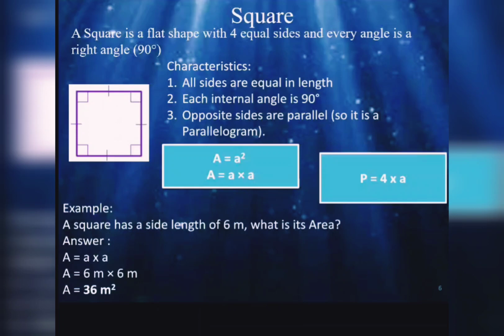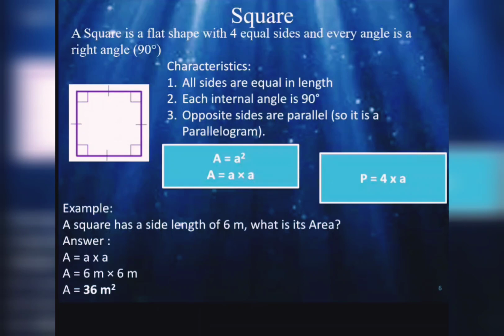And the formula of a square: the area is side squared, or side times side. The perimeter is 4 times side. The example problem of a square: a square has a side length of 6 meters.